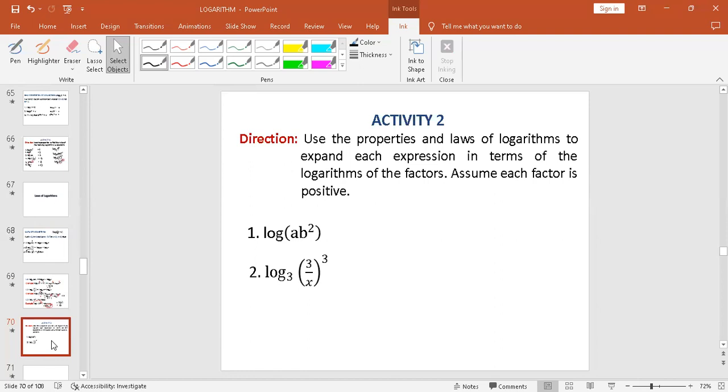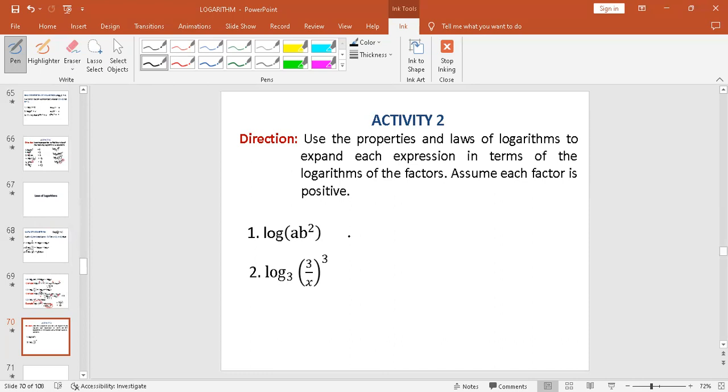Okay, so use the properties and laws of logarithms to expand each expression. Okay, so let's have number 1. Log of AB raised to 2, we'll try to expand this.